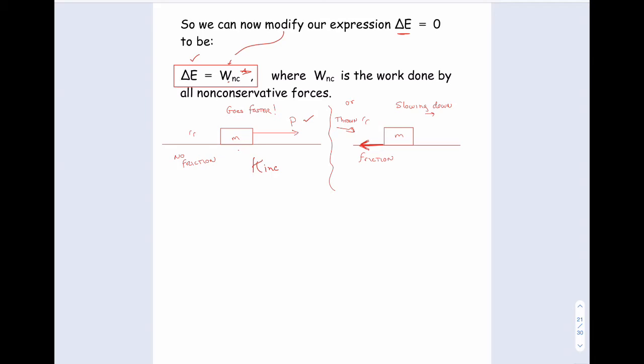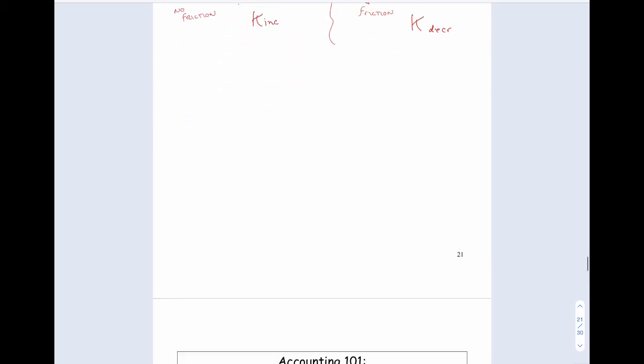Over here, the kinetic energy is decreasing. It's slowing down because that non-conservative force, kinetic friction, is changing the energy to decrease it. So this expression is a modification of conservation of energy to include the situations when energy is not conserved.